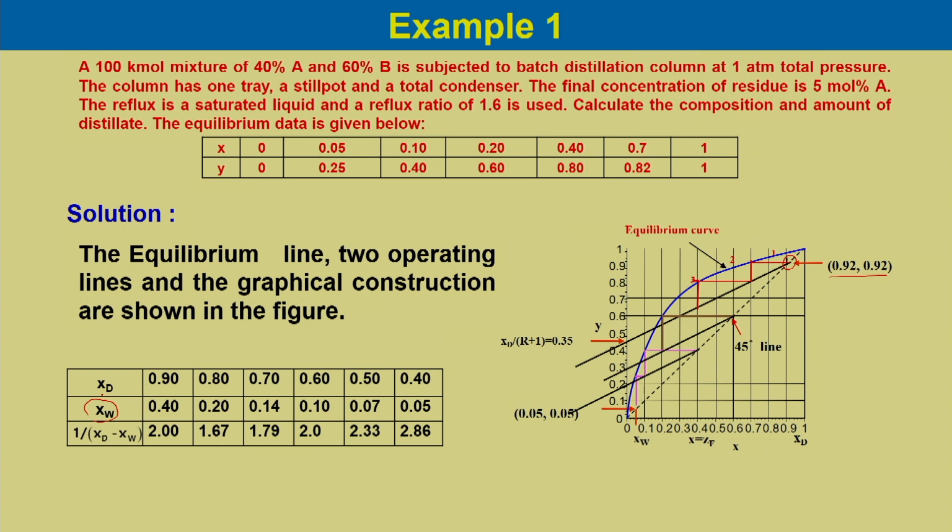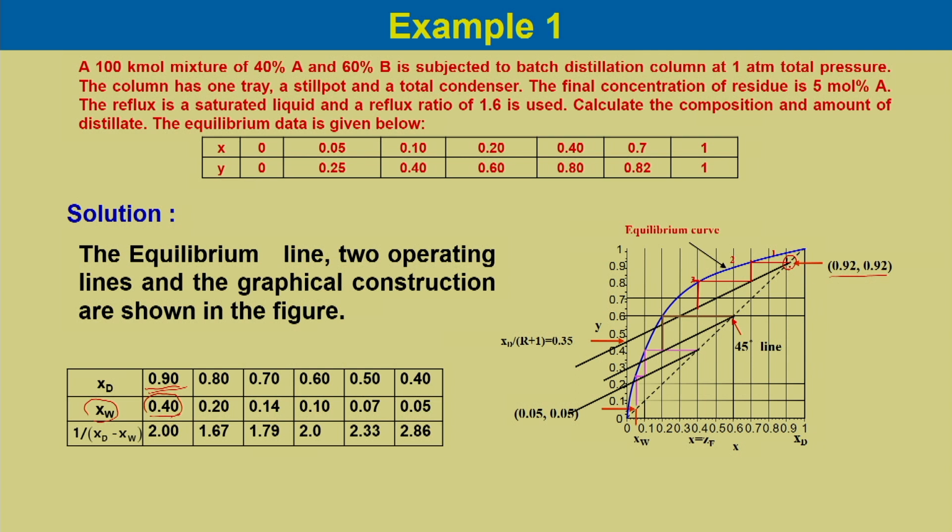We have to come to the initial concentration, that is xw. So, we will choose the xd in such a way that we can obtain xw, which is 0.4, the initial concentration in the still pot. So, when xd is 0.9, if you plot two trays, you will get the concentration of xw as 0.4.